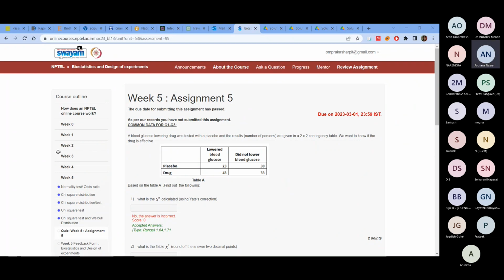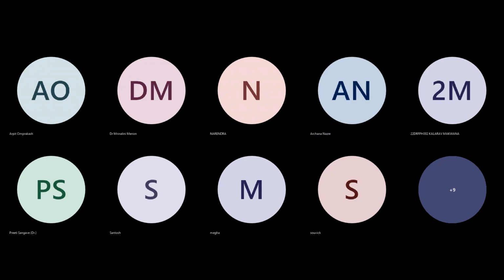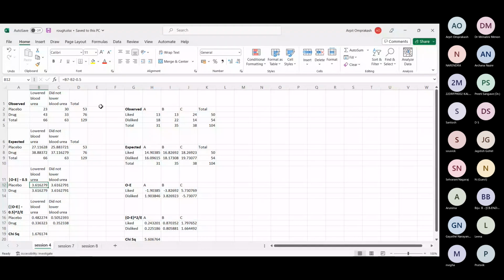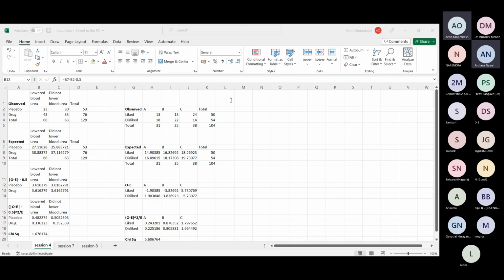Sir, why don't you do it on worksheet? Maybe we'll. Worksheet, not Excel sheet, please. Can you see the values?